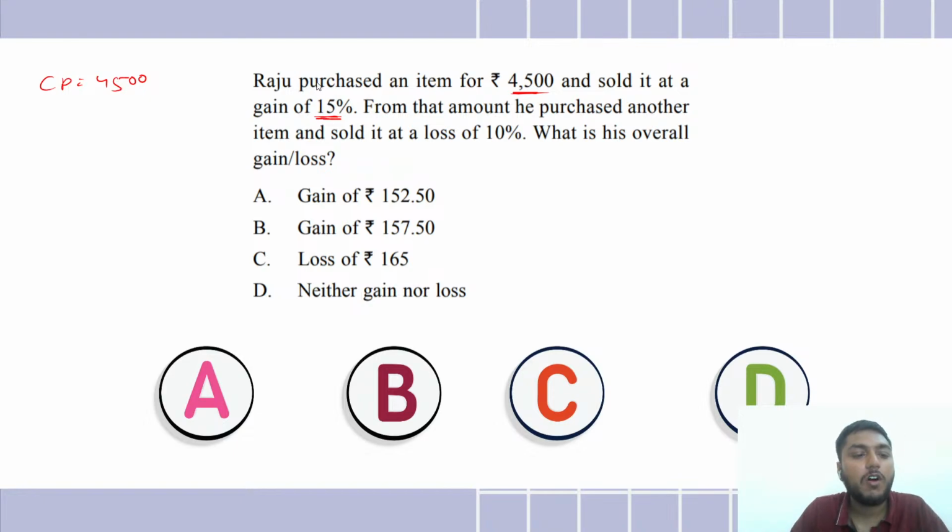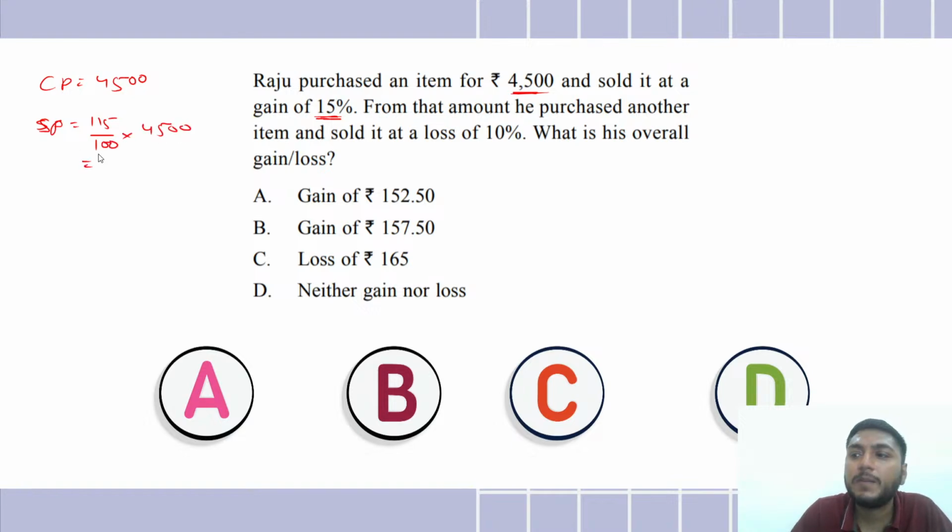Very good, all of you have got the answer. So now quickly we will go through this question. The CP in terms of percentage would be 100%, and after the gain we will add this 15%. It would ultimately become SP, which would be 115% of this cost price, right?